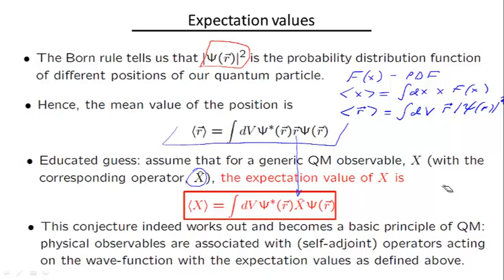But the average value of this measurement is going to be consistent with this definition of the expectation value. And so it becomes a very important and basic principle of quantum mechanics that I reiterate here, namely that, first of all, physical observables are associated with, what I didn't discuss, self-adjoint operators acting on the wave function, with the expectation value defined as above.